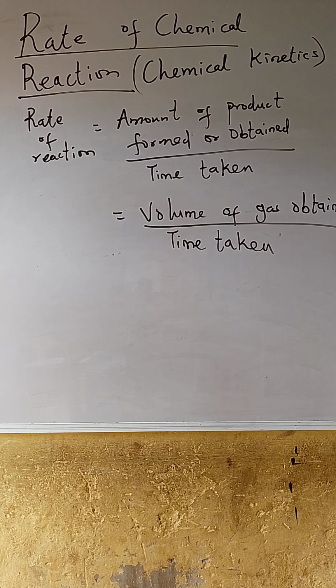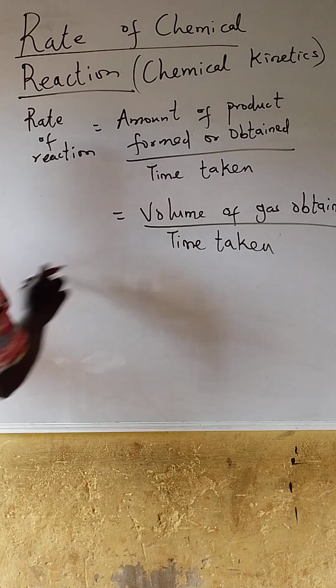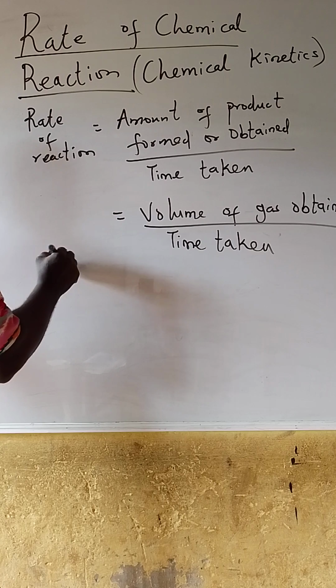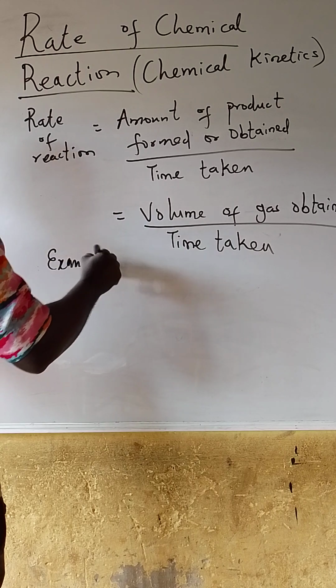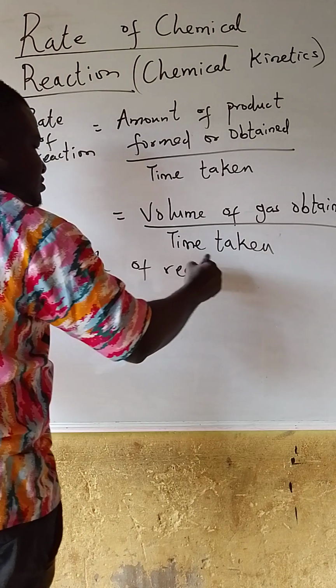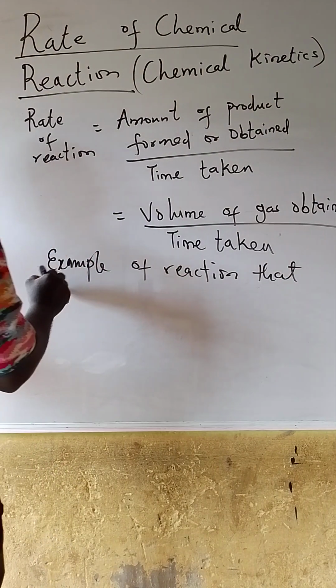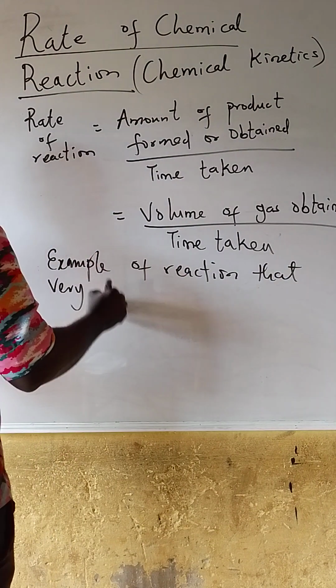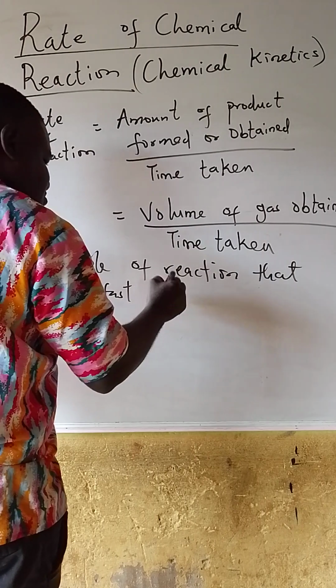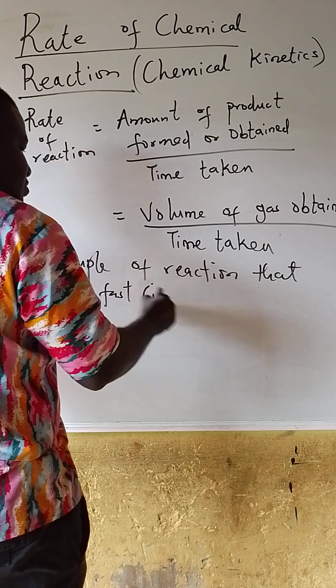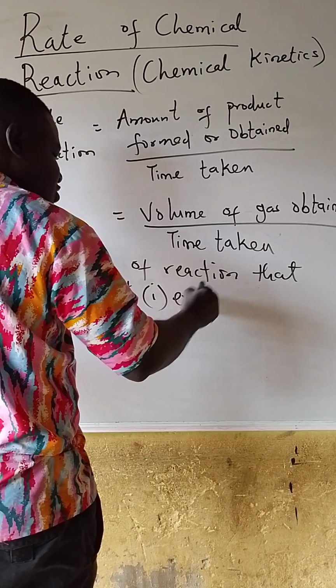There are some reactions that are very fast. Examples of reactions that are very fast, number one, we have explosion of petrol.